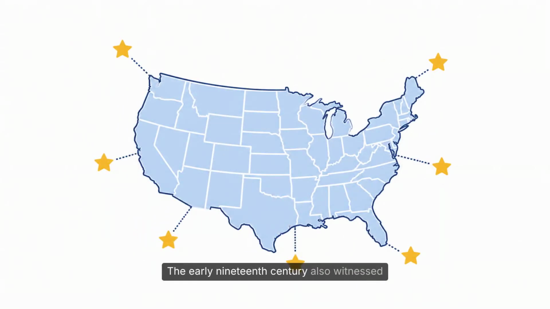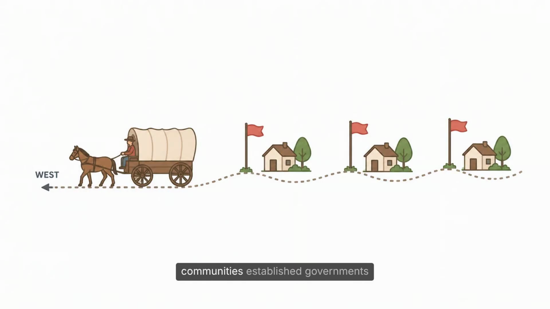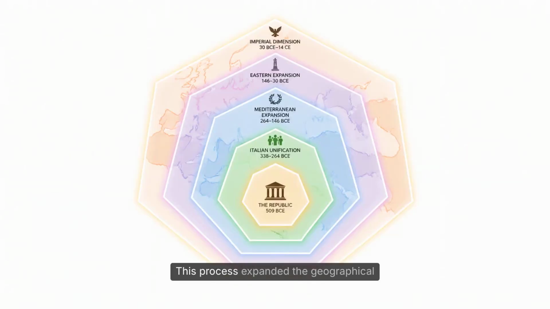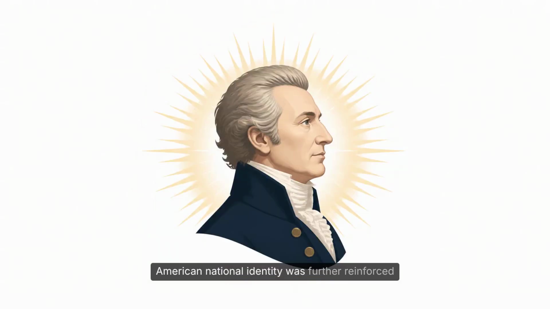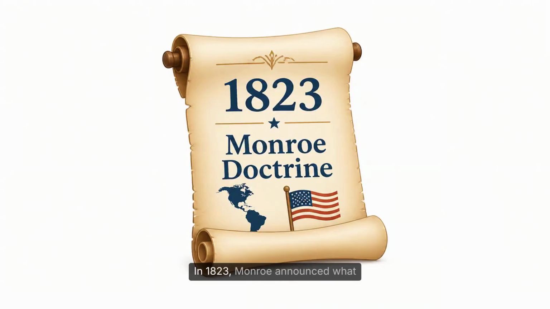The early 19th century also witnessed the admission of new states into the Union. As settlers moved westward, new communities established governments and applied for statehood. This process expanded the geographical and political dimensions of the Republic. American national identity was further reinforced during the presidency of James Monroe. In 1823, Monroe announced what became known as the Monroe Doctrine.